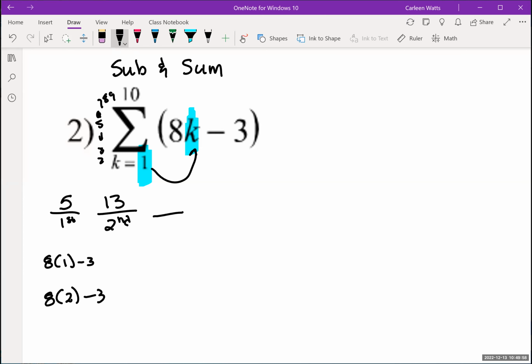Let's do the third term. 8 times 3 minus 3. 24 minus 3 is 21. Let's do the last term. 8 times 10 minus 3 is 80 minus 3, which is 77.